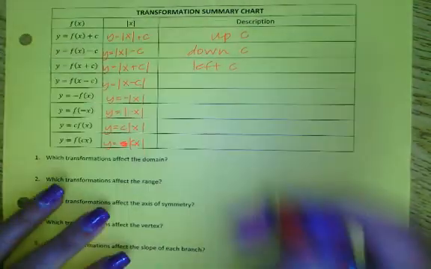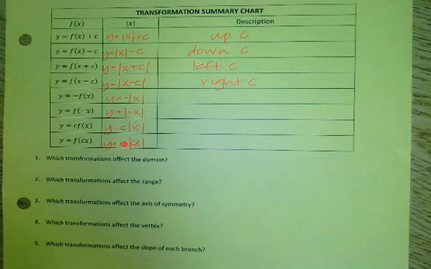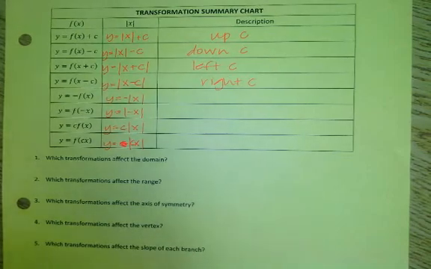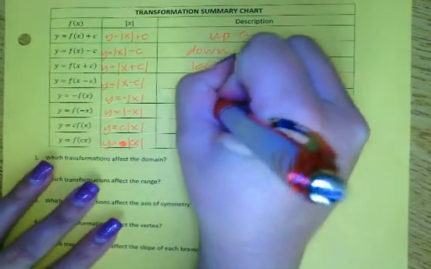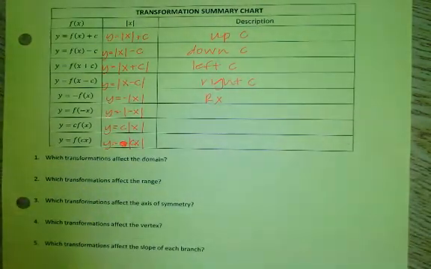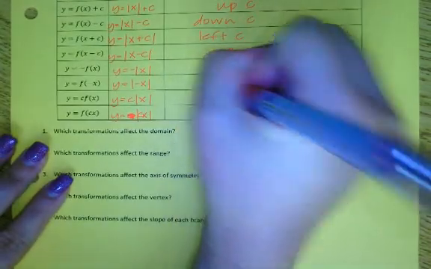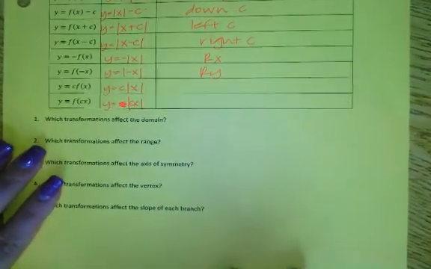Next one, what do we got? Right c. Okay, negative absolute value of x. Reflection over the x. Y equals absolute value of negative x. Reflection over y. Y equals c absolute value of x.